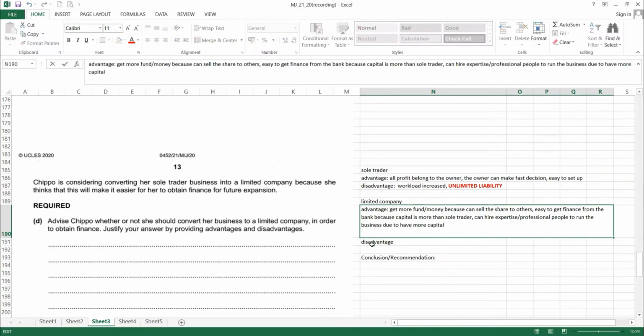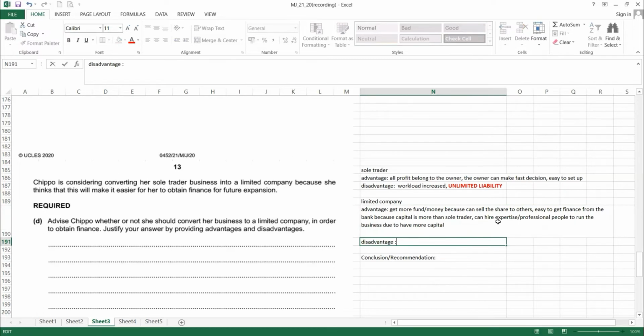Okay, now next disadvantage. The disadvantage is that when you incorporate the limited company, the cost of incorporation of a limited company is high, more expensive, because you need to have the statutory audit, statutory tax submission, all of this needs cost. So the cost of running is more.